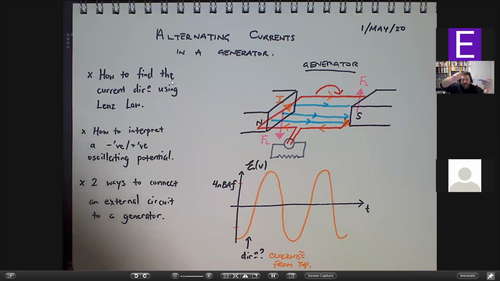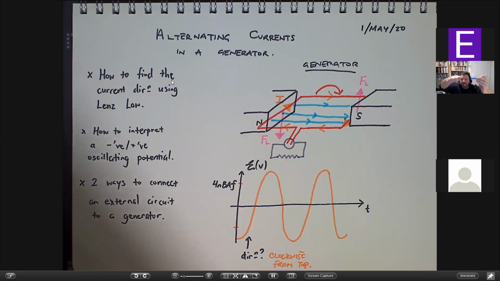We're producing more face for that loop to hit. That means the amount of flux passing through the loop is growing. So more field lines pass through my palm than when it's like this.